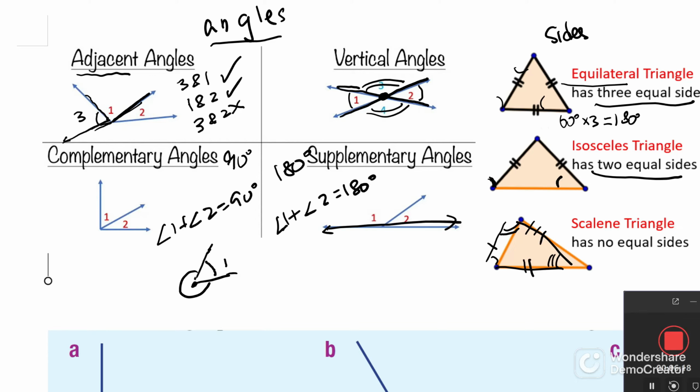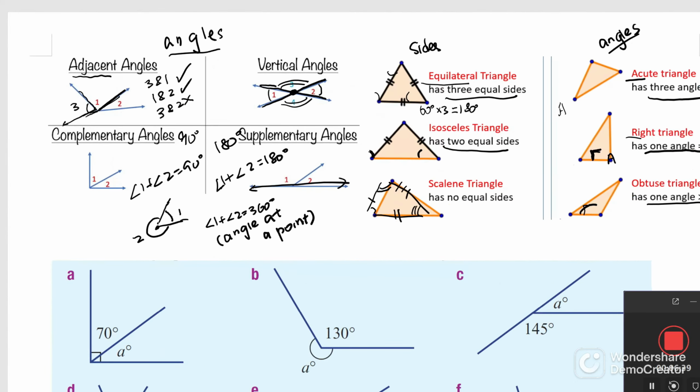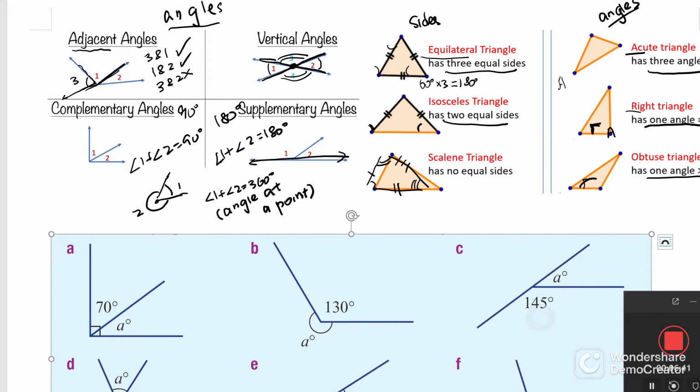I'll call this 1, and I'll call this 2. In this case, angle 1 plus angle 2 would equal 360, and you would call it angle at a point. So there we have it. We have the common types of triangles and the common angles.